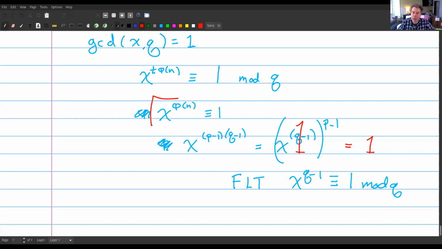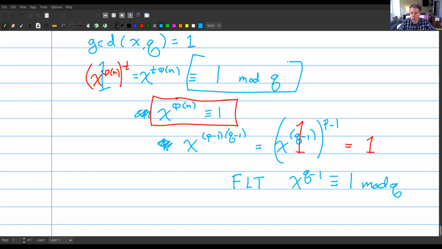So that means that x to the phi n is equal to 1. And then this thing is the same thing as x to the phi n, to the t, which we just showed is the same thing as 1 to the t, which is equal to 1. Okay, so we've shown that that's true. Sorry, it took longer than I thought.